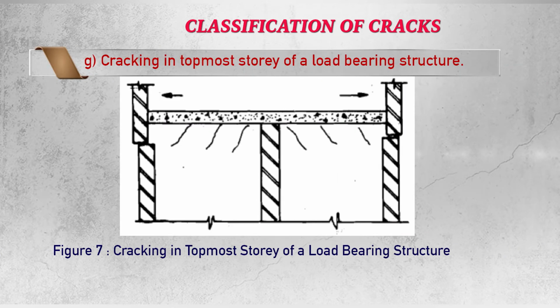Next, in figure 7, you see the cracking in topmost story of a load bearing structure. Look at the figure carefully, how the cracks have developed in the topmost story of a load bearing structure.